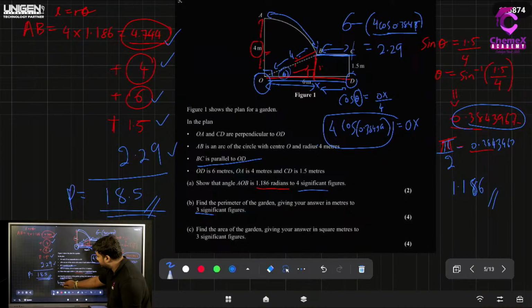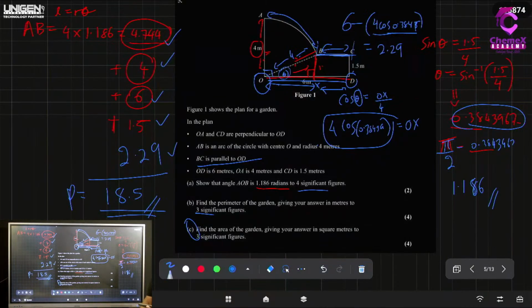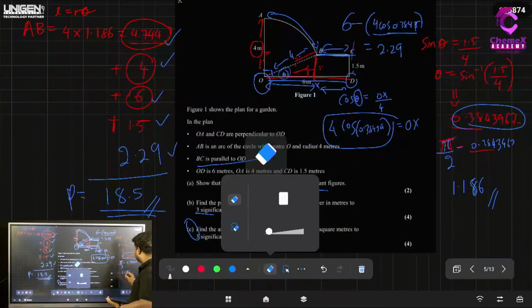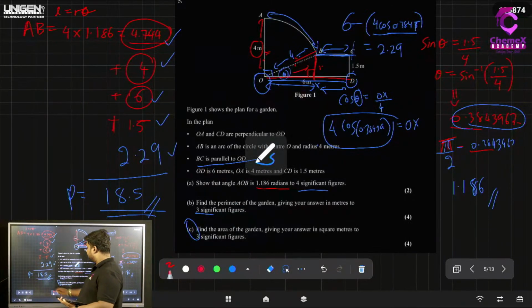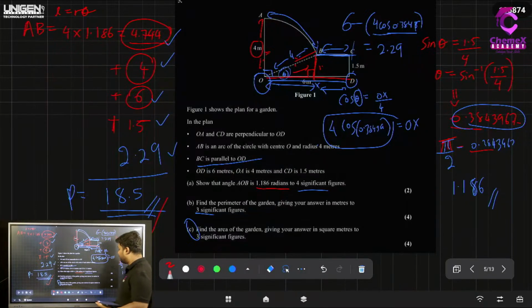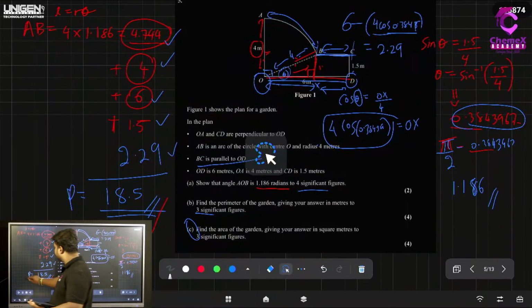Alright, last one, area. Any doubts, Gamita? This is the third part. So area now you have to look. How do you find the area now?